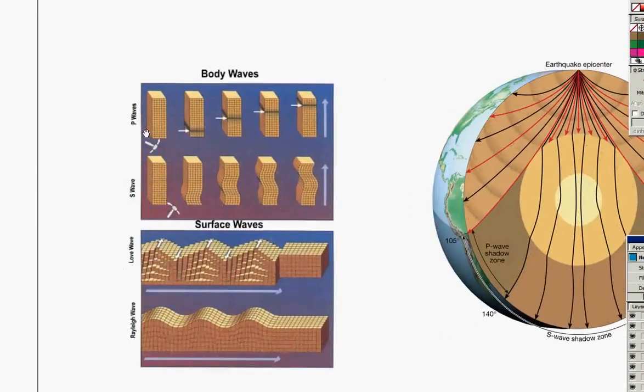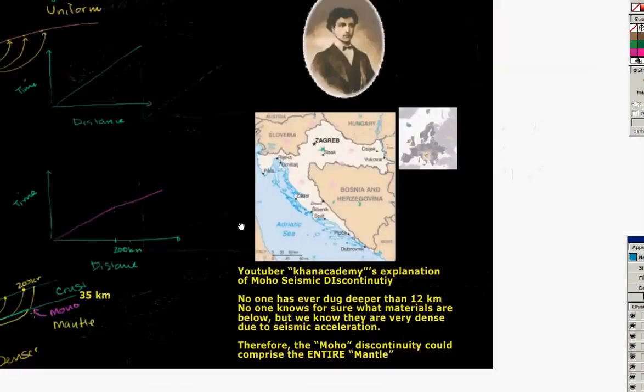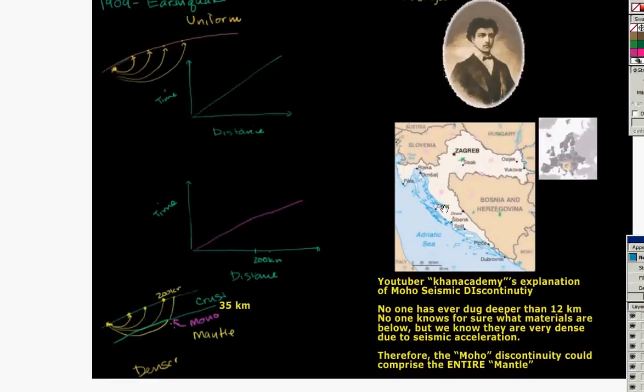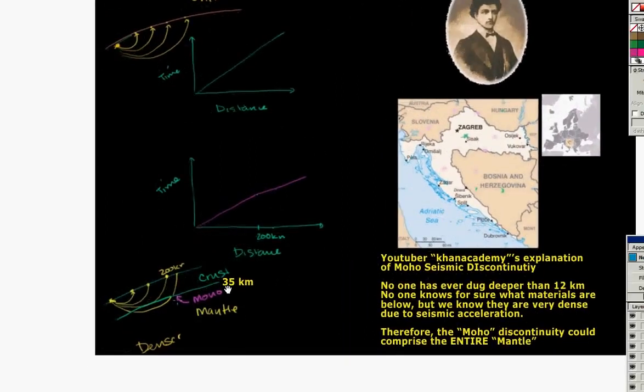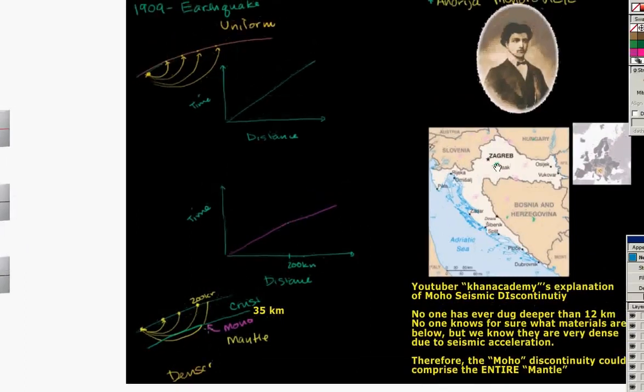You've got the P waves and the S waves. Going back a little bit, there's a man named Mohorovičić, seismic discontinuity. In Croatia, in the early 1900s, he talked about 35 kilometers below, there was a rapid acceleration in velocity at that level when there was an earthquake in Croatia.